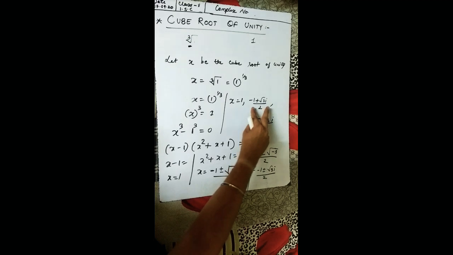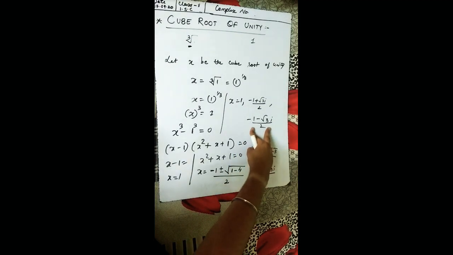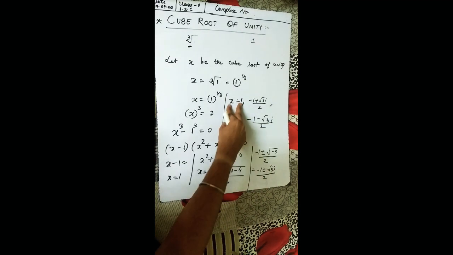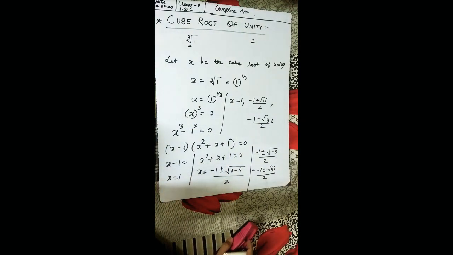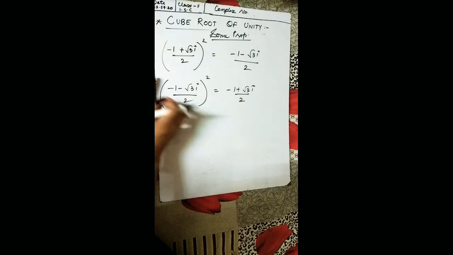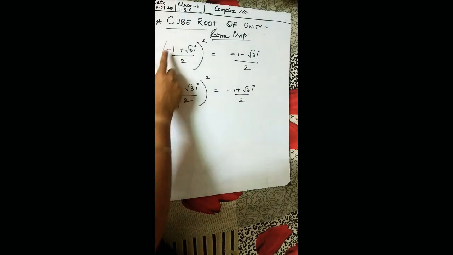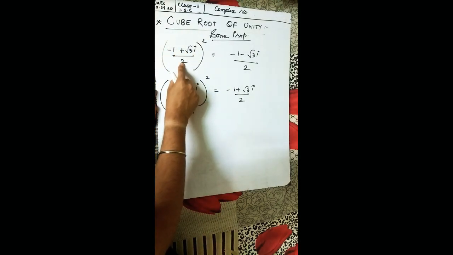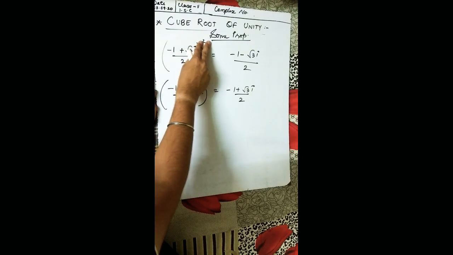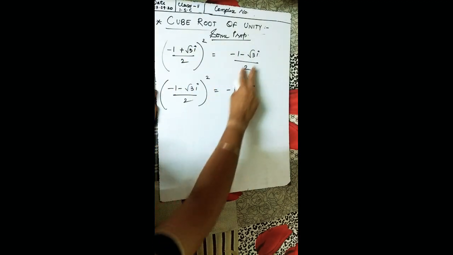Just remember, these 2 non-real roots of unity are these, and the real root is equal to 1. So what does the property say? Let us come to the property now. If you take one root, that is minus 1 plus root 3i upon 2, and if you square it, you will get minus 1 minus root 3i upon 2.